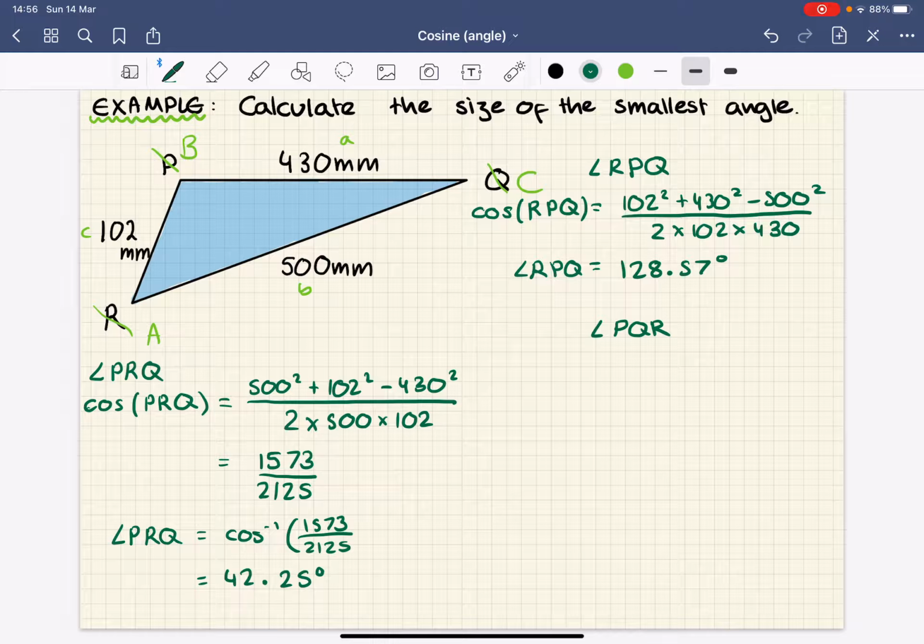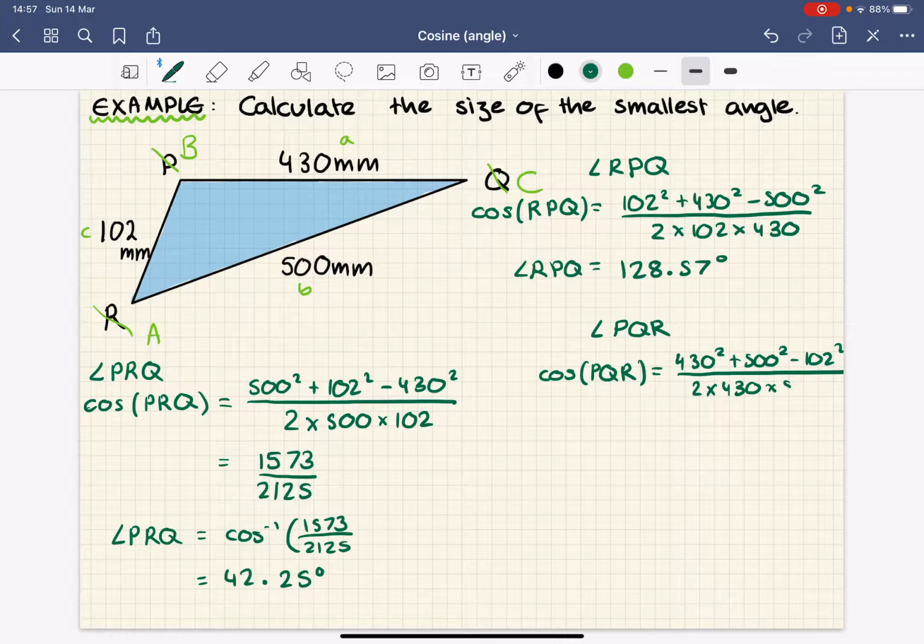So then doing my cos PQR, that would just be the 430 squared plus 500 squared minus the 102 squared all over 2 times the 430 times the 500, and then that would come out for my answer there as angle PQR is 9.18 degrees. So that is my smallest angle.